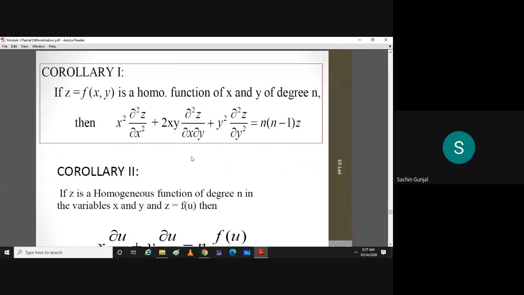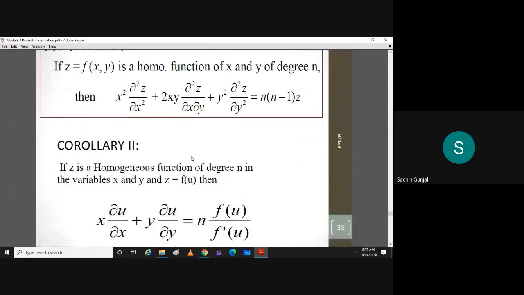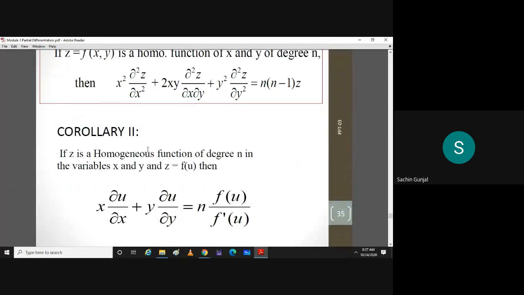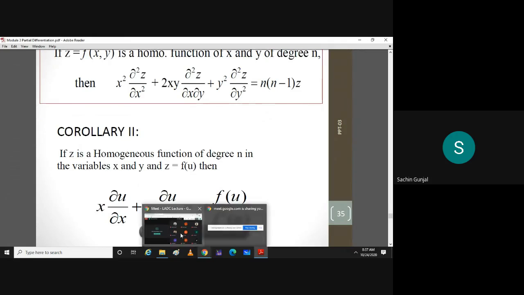The second deduction is about a non-homogeneous function. If u is non-homogeneous, but there is some associated function f of u which is homogeneous, then x ∂u/∂x plus y ∂u/∂y equals n into f of u upon f dash u.